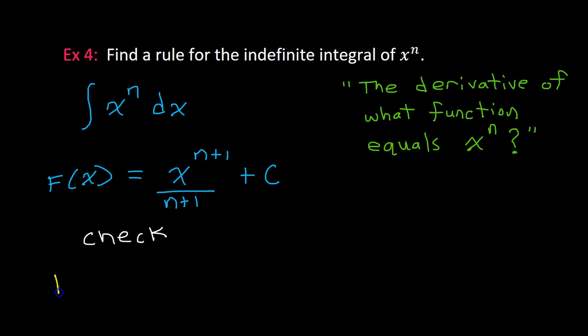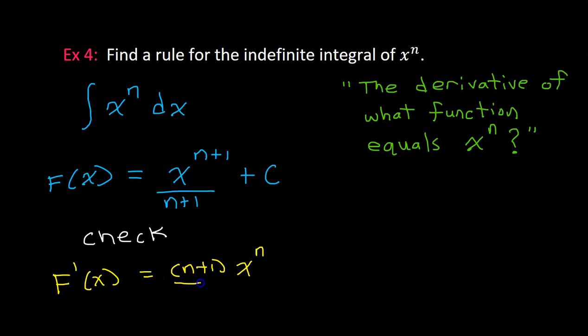So let's go ahead and take the derivative and see if somehow we're going to get x to the n power. So as I take the derivative, again, I'm going to do the power rule. So this n plus 1 exponent is going to come to the front. So I'm going to have n plus 1 in the front. And then I decrease the exponent by 1. So that's going to give me x to the n power.